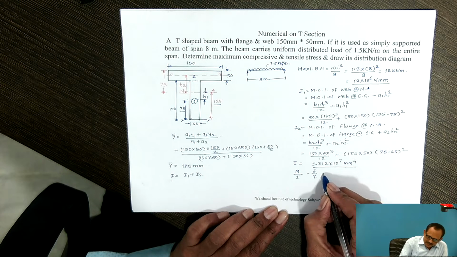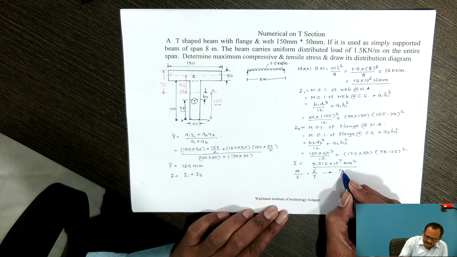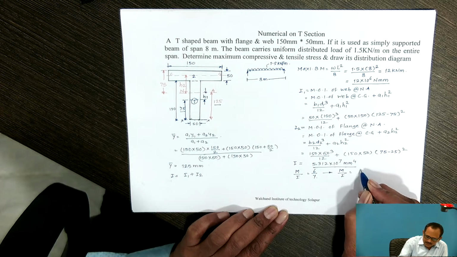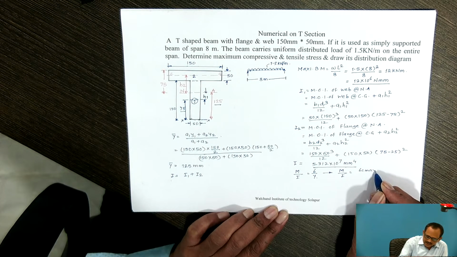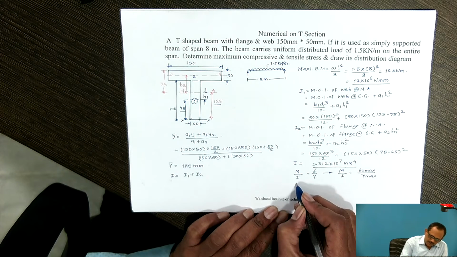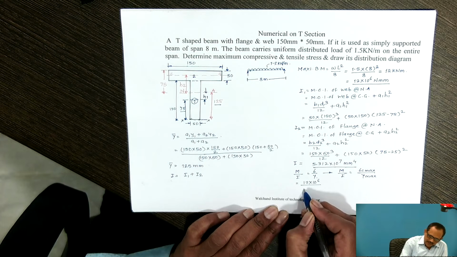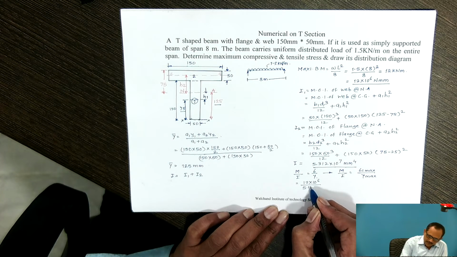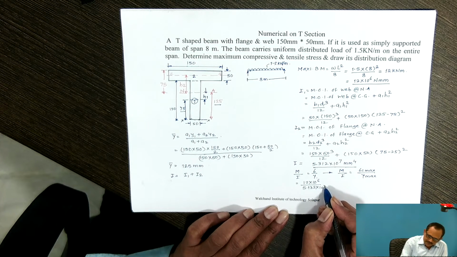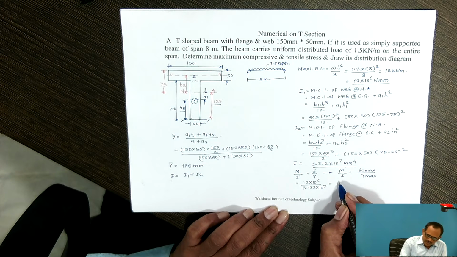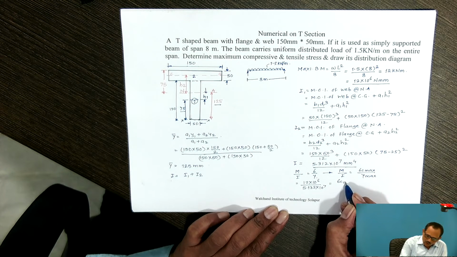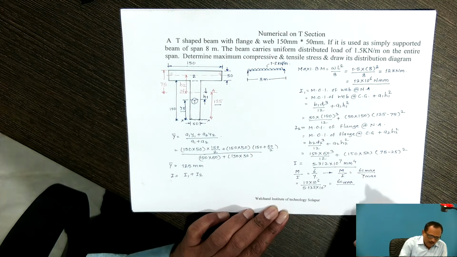So this equation you can further write as M by I is equal to sigma c max divided by y max. So moment of 12 into 10 raised to 6 divided by moment of inertia 5.312 into 10 raised to 7 is equal to sigma c, which is unknown, divided by y max.